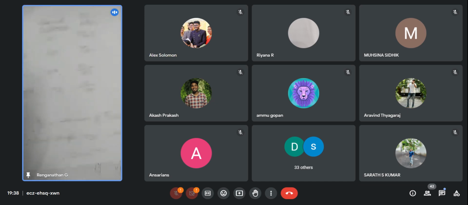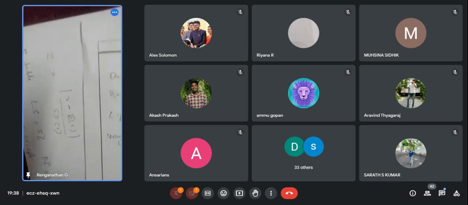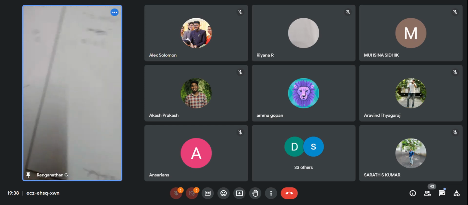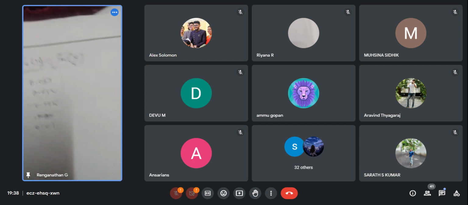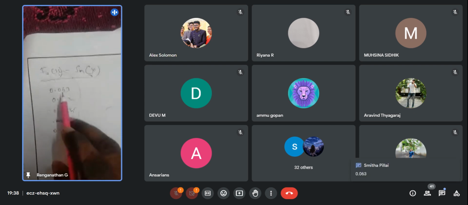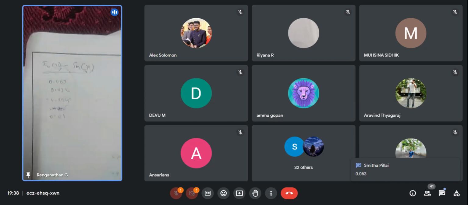Then which is the maximum one here? 1.25. See, these are the answers: 0.063.